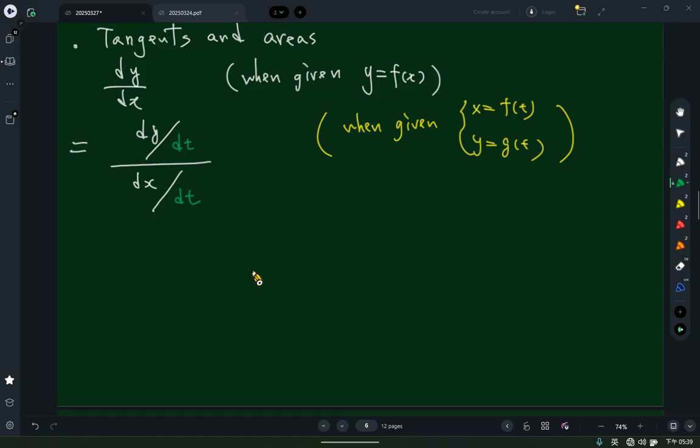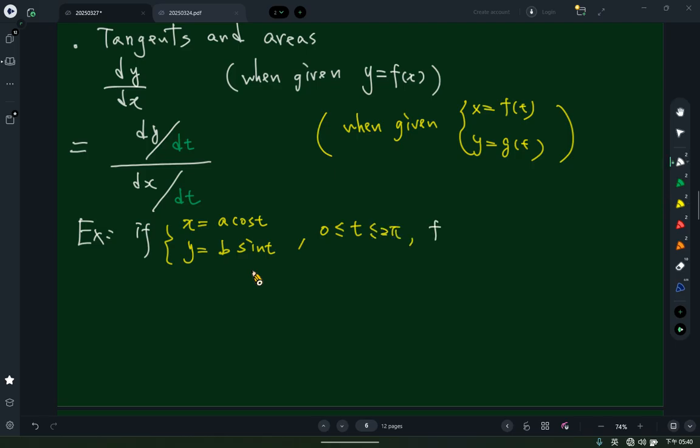So I just give you an example. If I give you x is equal to a cosine t, y is equal to b sine t, and also show you the domain. The range for the domain is t from 0 to 2 pi.